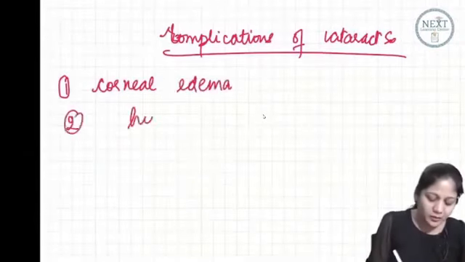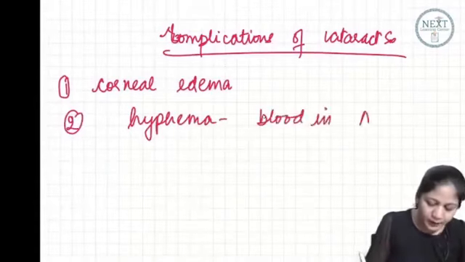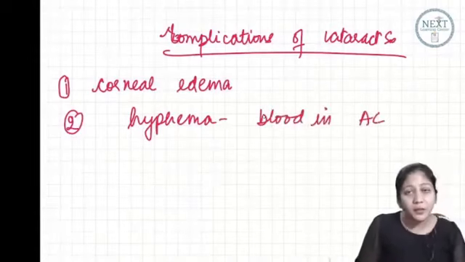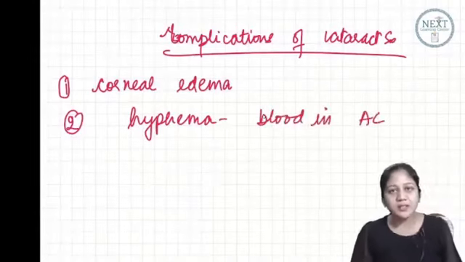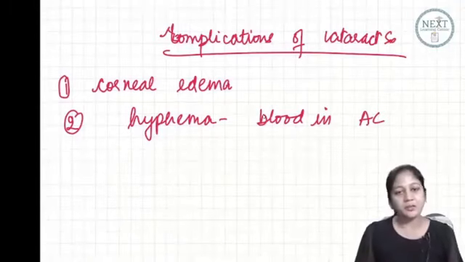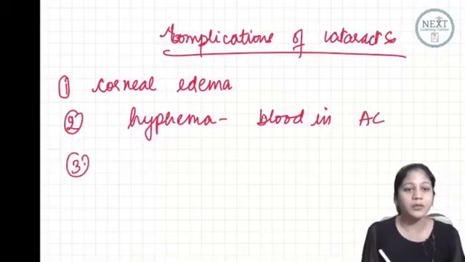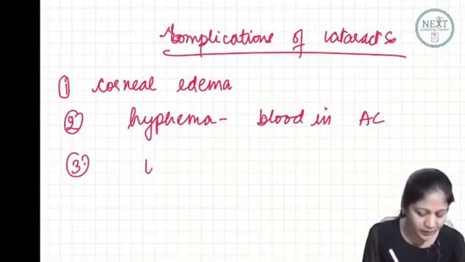Next is hyphema. What is hyphema? Blood in the anterior chamber. You manipulate the iris, you touch the iris, so there can be bleeding in the anterior chamber. You call it hyphema.